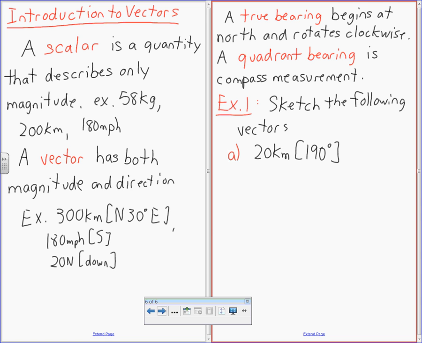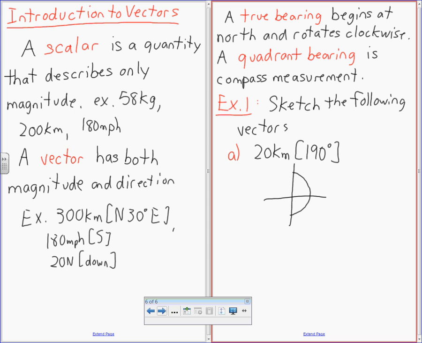I'm going to need you to take over for a second. Can you show them how to do a 190-degree vector? For these bearings, you start at the north section up here, and you go around until you go 190 degrees.